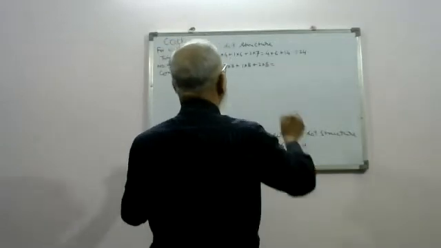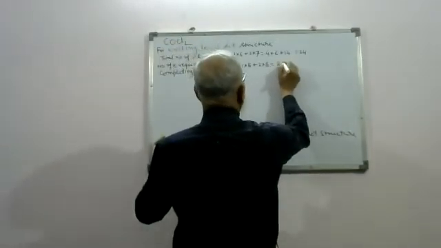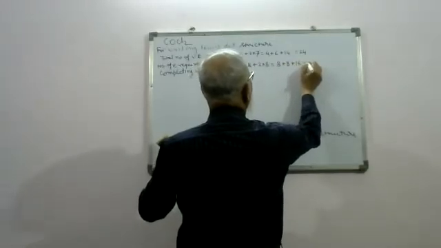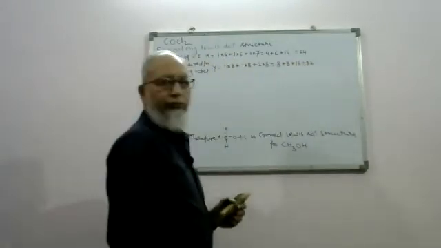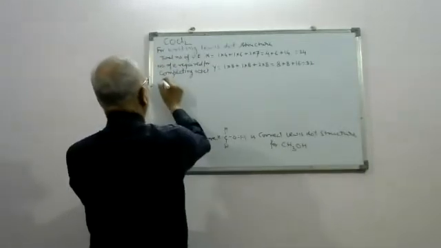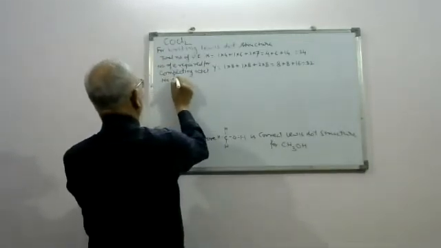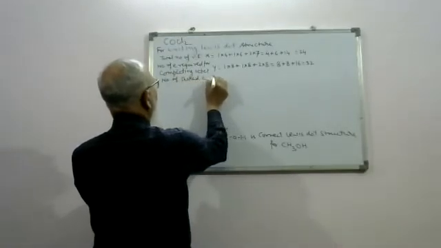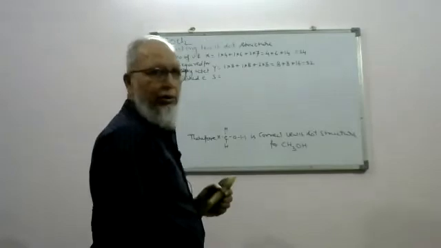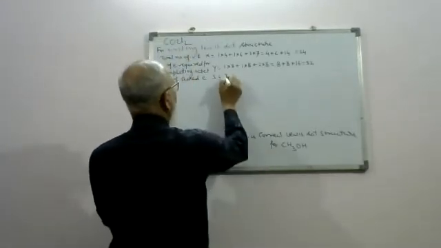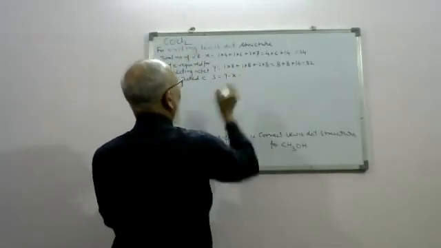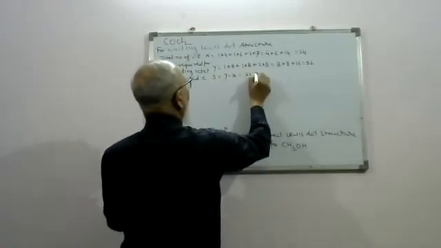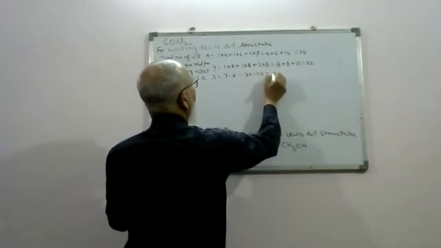This will be equal to 8 plus 8 plus 16, which is equal to 32. Number of shared electrons, S, will be equal to Y minus X. This is equal to 32 minus 24, which is equal to 8.